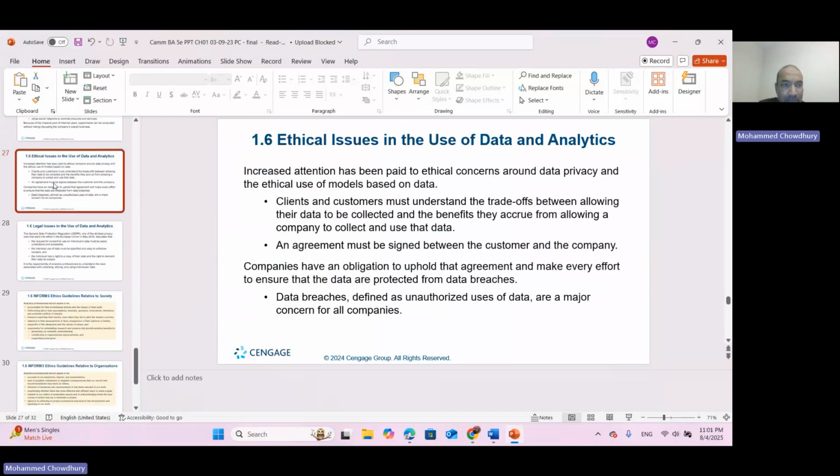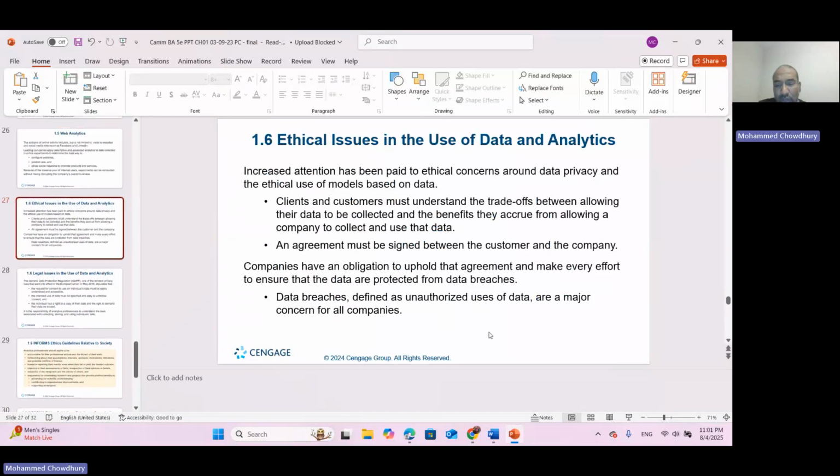Increased attention has been paid to ethical concerns around data privacy and the ethical use of models based on data. Clients and customers must understand the trade-off between allowing their data to be collected and the benefits they accrue from allowing a company to collect and use that data. An agreement must be signed between the customer and the company.